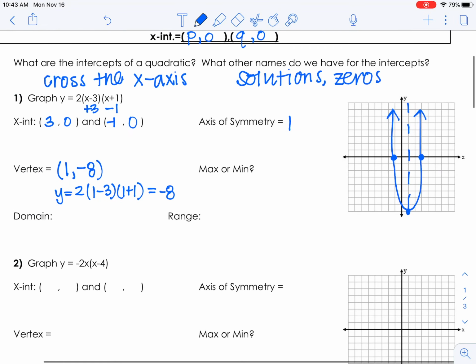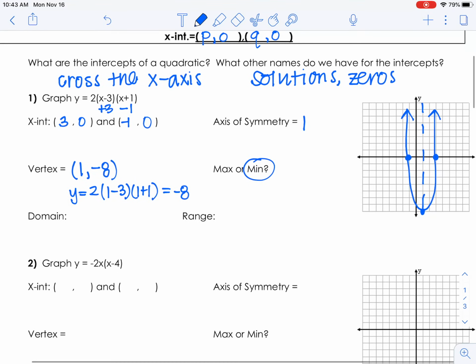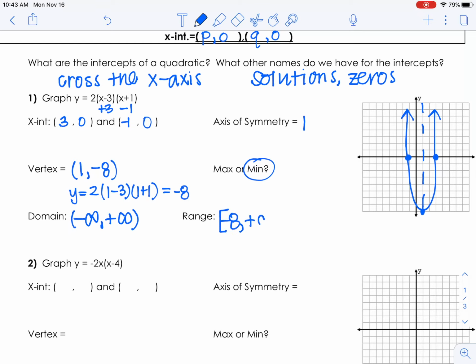And there's my graph. Okay, that is a minimum because the a value was positive 2. The domain, as always, is negative infinity to positive infinity, but the range in this case is negative 8 up to positive infinity.